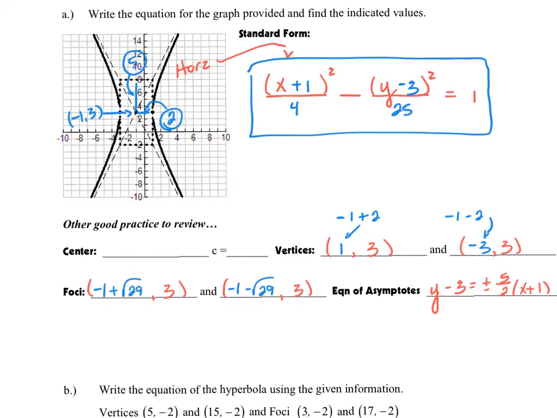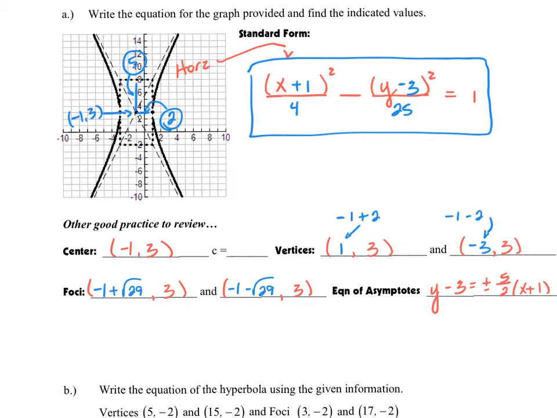Now, I've got to emphasize this one more time: this initial part determines whether it's an x or a y that goes in this first term. This needs to be established first. Just like on the ellipses, I gave you some extra practice here. Remember, we could fill in our center down here if that was all that we were asking for, this negative 1, 3.